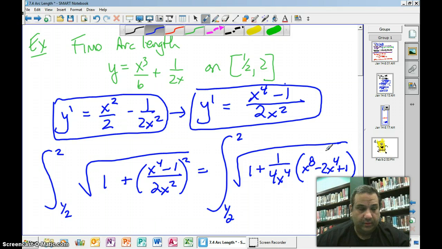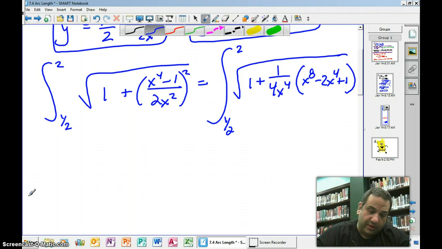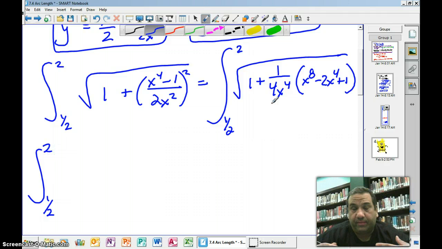Okay, so far so good. Well, now I'm just making it look nice. At this point, you could have put it in the calculator, got the answer, and been done. But I'm going to show you how to do it by hand because that's probably what you're going to need to know. This is the part that'll make you a better math person, not just plugging it in the calculator.